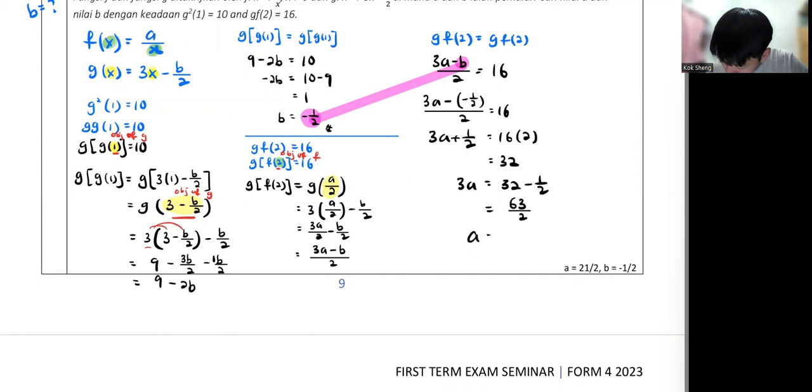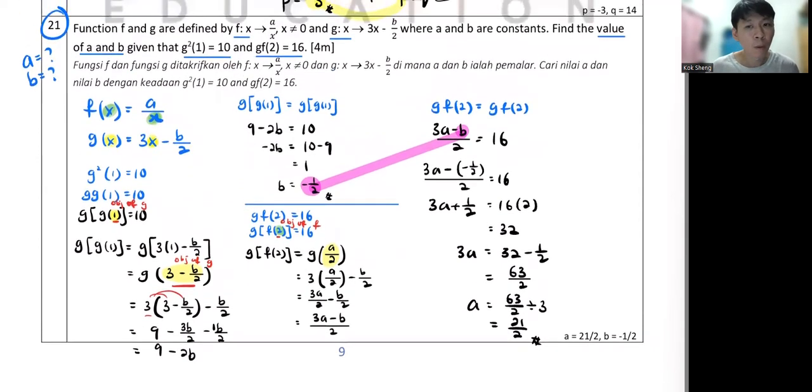Okay, so weird answer. 63 over 2. Divide by 3. 21 over 2. Okay. So 21 done.